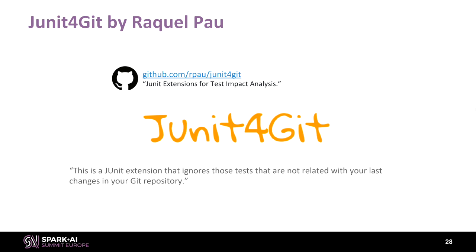Then it stores some Git annotations that say, okay, for this test, these classes were used. Then the next time that you execute, it checks which classes were changed, and then it applies an ignore to the tests that don't need to be run.